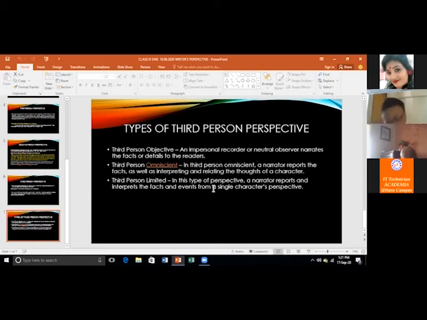But in third person omniscient, these are the thoughts and feelings of more than one character. So there is obviously a difference between omniscient and third person limited. So I think this lesson is clear.